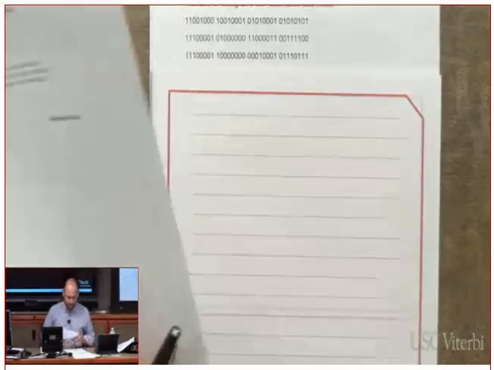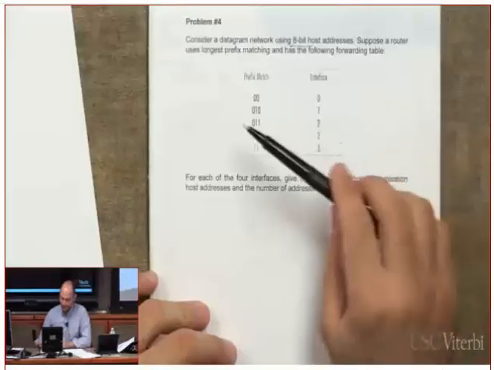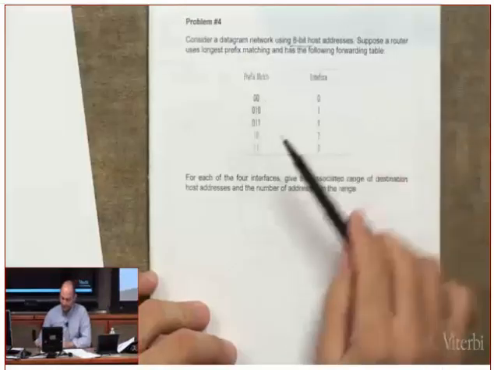So the next question is, we gave the ranges, now the number of addresses in the range. So how many addresses do we have in each range? Let's call this guy 1, 2, 3, 4, 5.